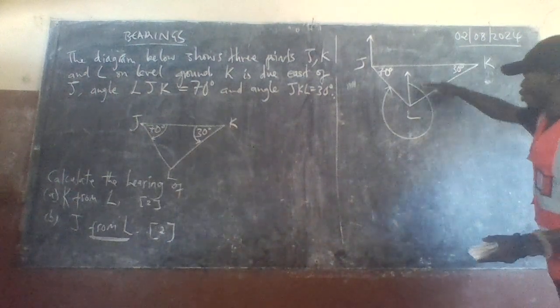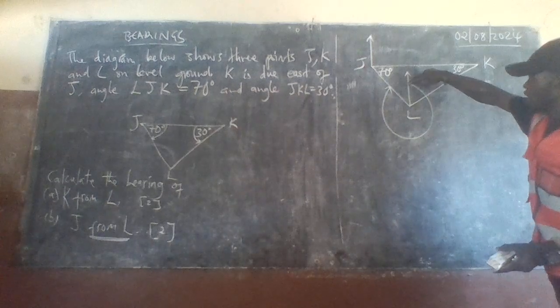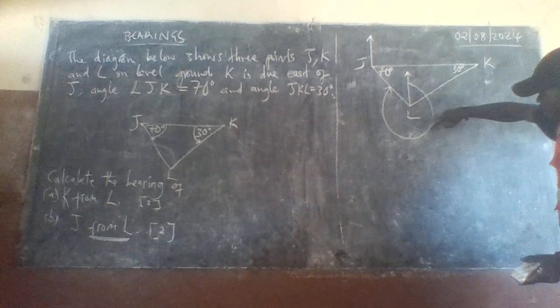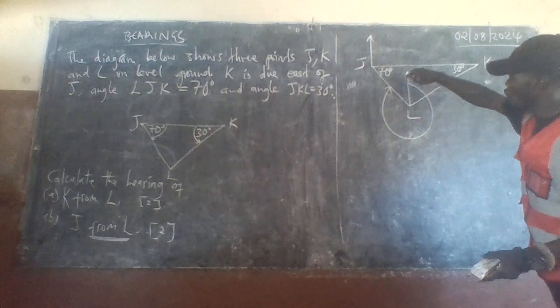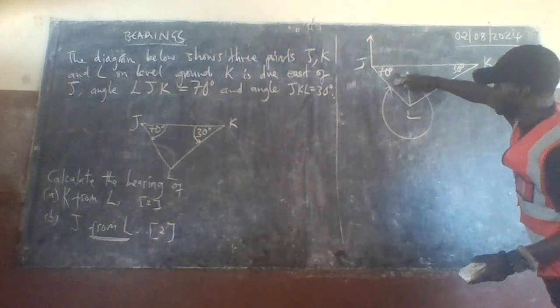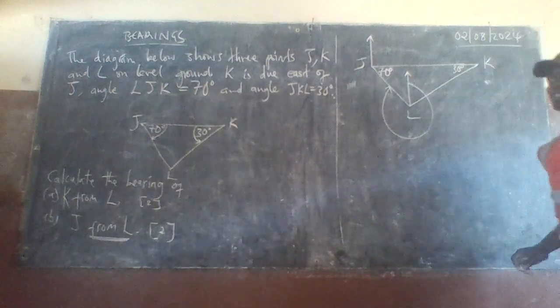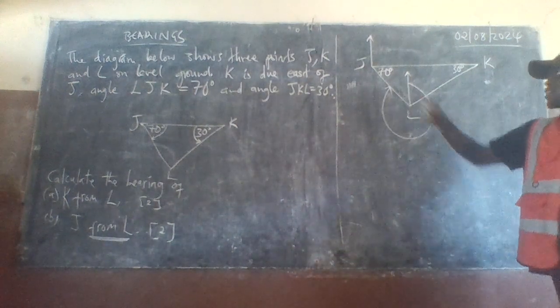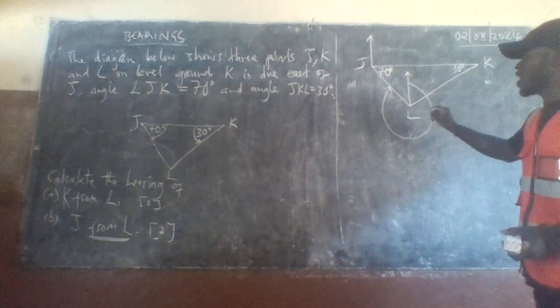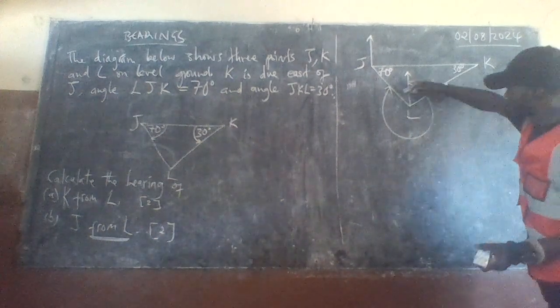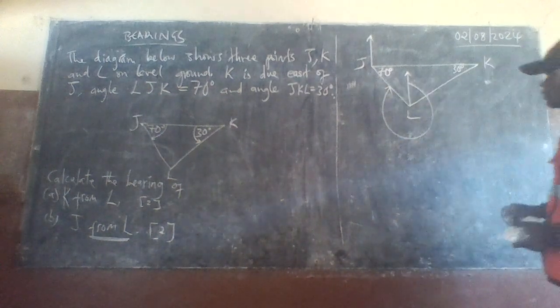So your angle of interest is from here all the way around up to there. So the only part you are going to miss is this part. So this was supposed to be 360 degrees, but subtract this part.